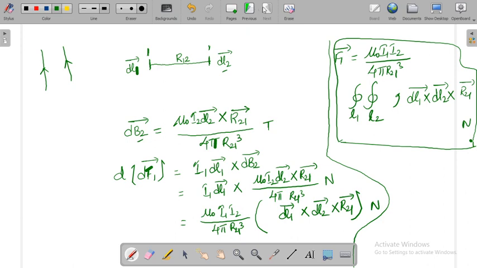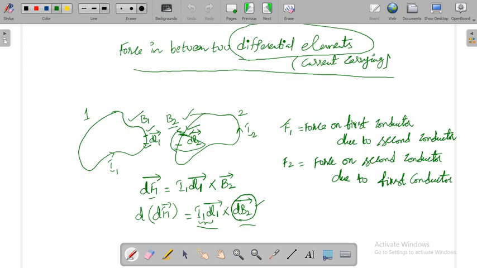First, you need to know on which conductor we need to find the force. As I want to find the force on the first conductor, I wrote I1 dl1 bar. And due to which conductor do you have the magnetic field? Here the magnetic field is due to the second conductor, so I got B2 bar. You need to know what B2 bar or dB2 bar is according to Biot-Savart's law.